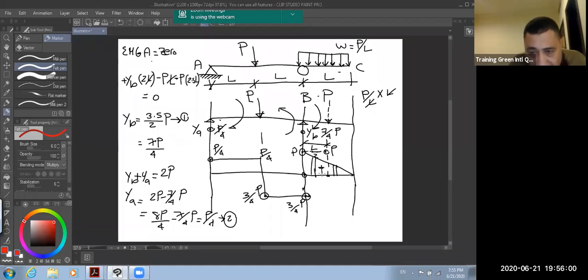This is positive, this is positive, and here is negative. Here is a zero shear point, zero shear point number 2, and here zero shear point number 1.